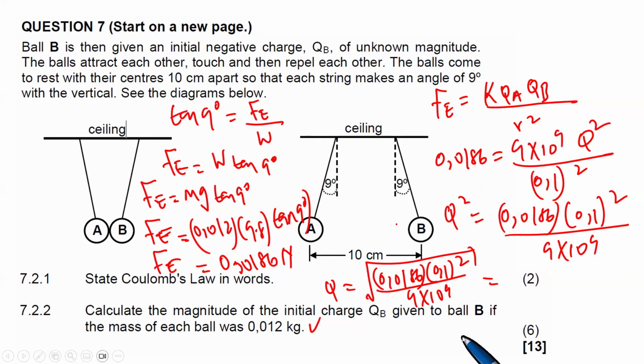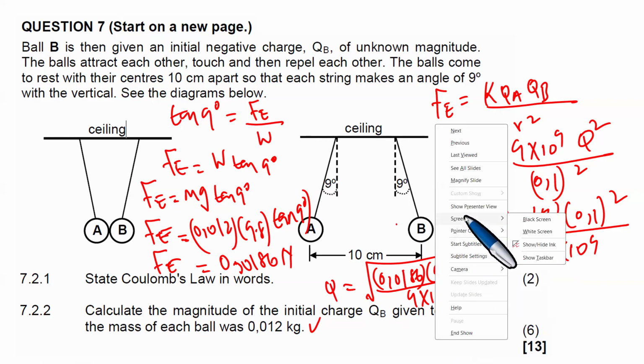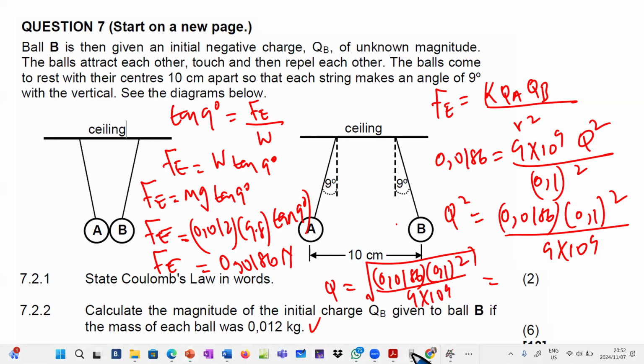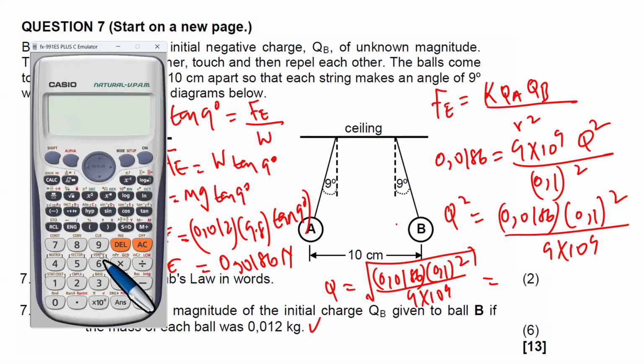Then when I do the square root, this is 0.0186 times 0.1 squared, you divide by 9 times 10 to the 9th power, which is 1.44.